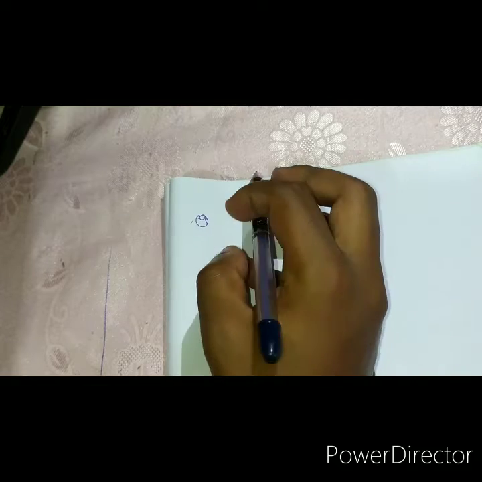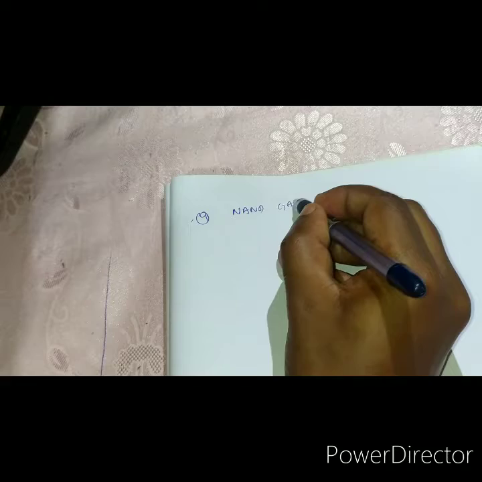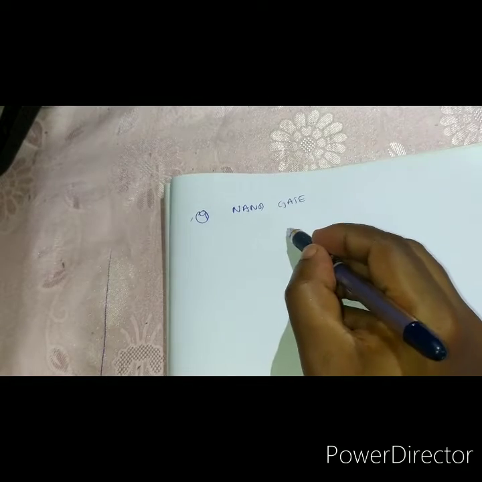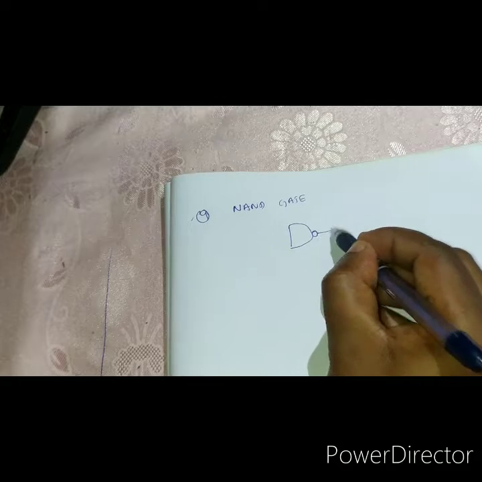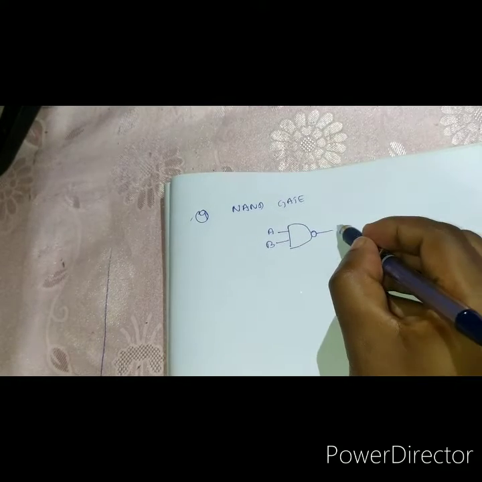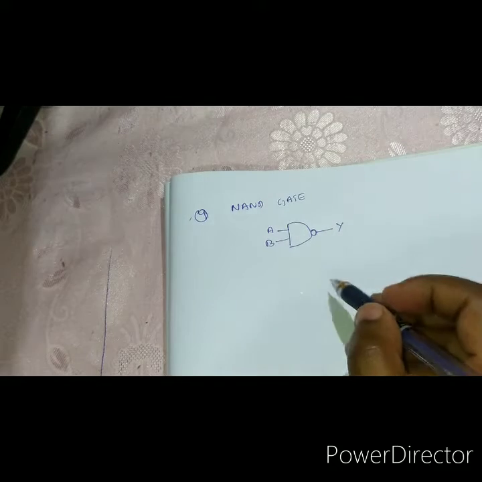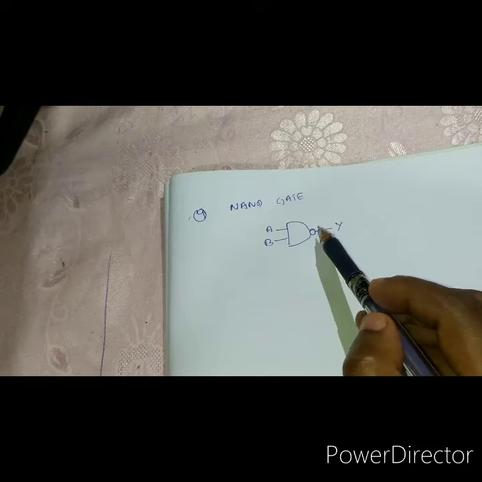Now number 4 is the NAND gate, and the logic symbol for the NAND gate is like this. A and B are the inputs, Y is the output. The NAND gate is similar to an AND gate, but with a NOT.